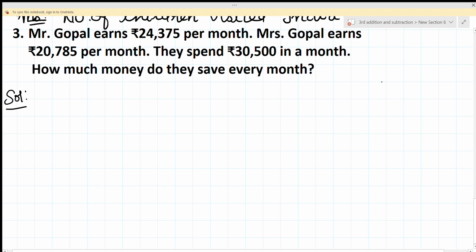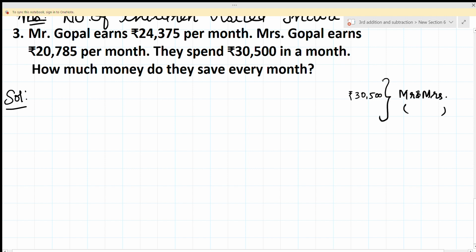So in a month, Mr. and Mrs. Gopal earn some amount. In that, they spent rupees 30,500 in a month. We want to find the saving amount. That is, every month they save some amount. We are going to find that.